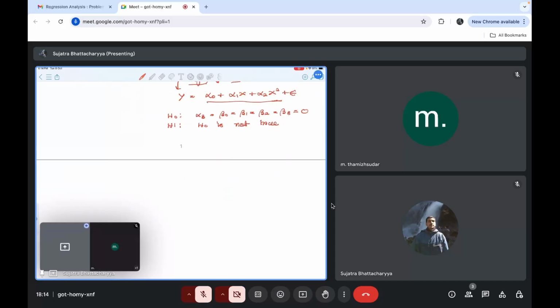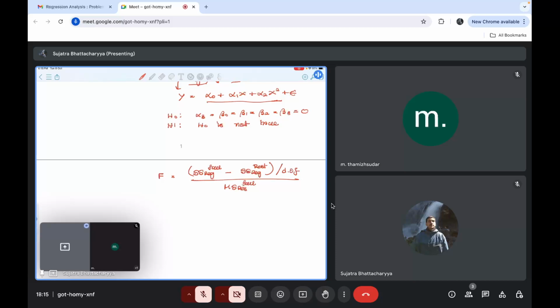Fine. Now, how to test it? To test it, you will use the extra sum of squares technique we have seen in the last class. We have seen it earlier also: SS regression for the full model minus SS regression for the restricted model, divided by the degrees of freedom of the numerator, divided by the MS residual, definitely for the full model.